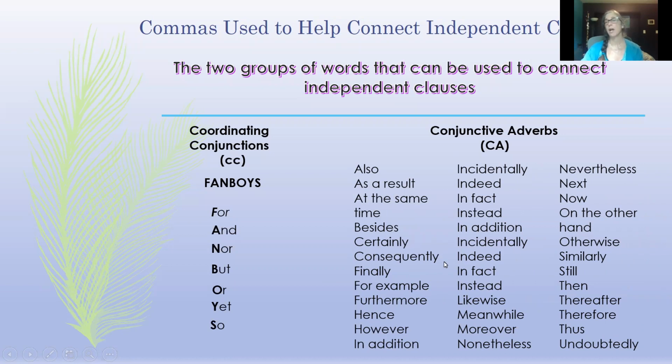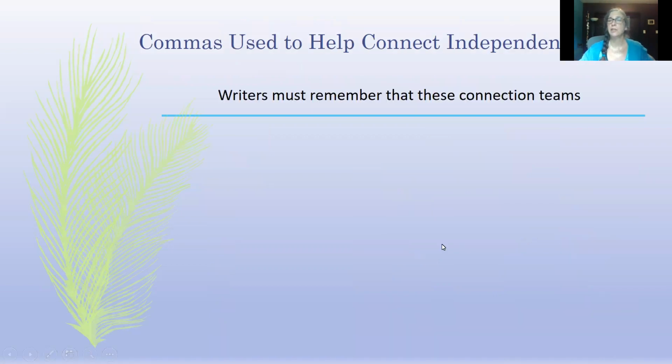And there are other words and phrases that can be used in this same style that show the relationship between 2 independent clauses, but are not FANBOYS. And remember, you can use that semicolon, however, comma, or you can just have a period, however, comma, like we saw with John's wife. So you need to remember these connection teams.